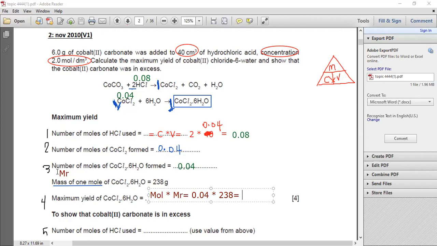When we multiply them together, it will be 9.52. This is maximum yield of COCl2 6H2O. Okay? Is it clear? Yes. Okay.